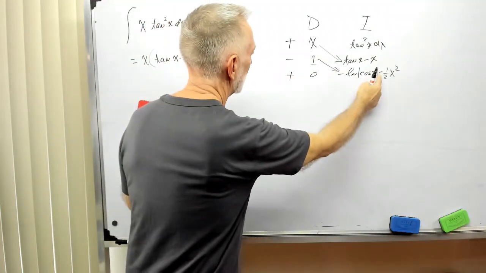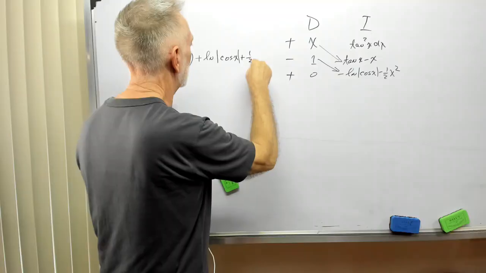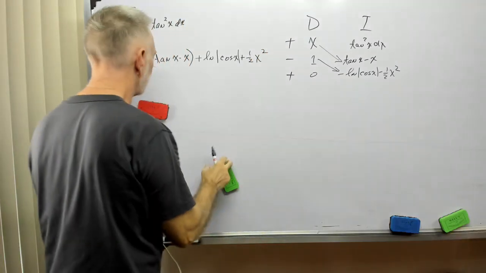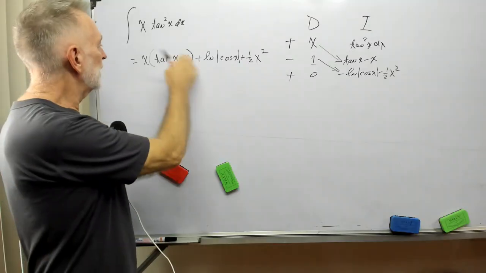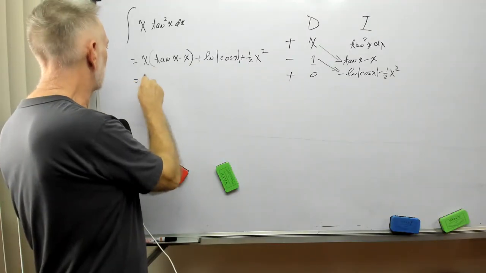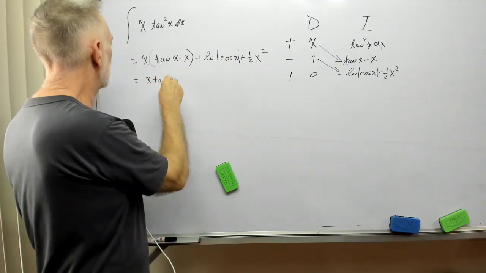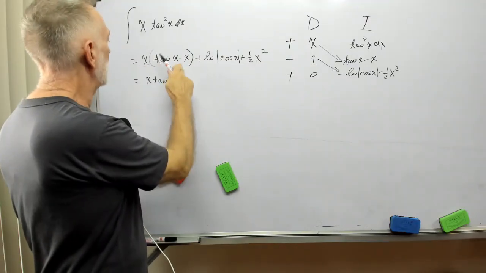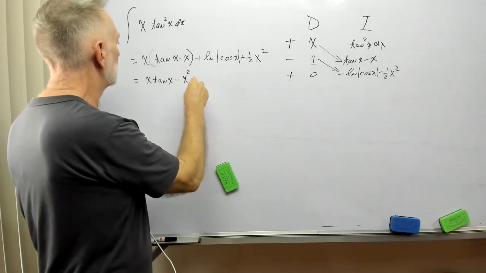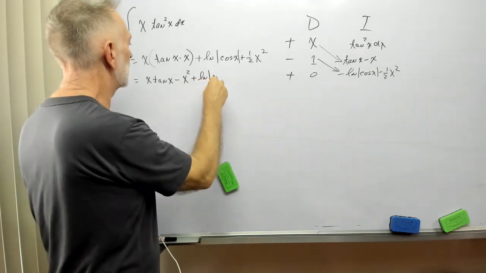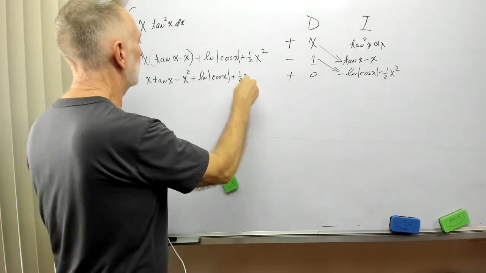Negative times negative is positive 1/2 x squared. So now I'm going to distribute the x inside of this. x times tangent x gives me x tangent x minus x times x, x squared, plus natural log cosine x plus 1/2 x squared.